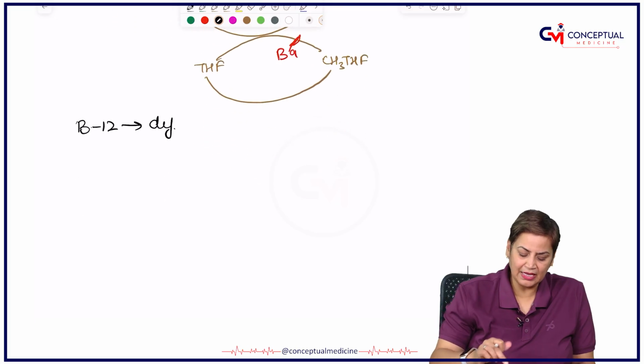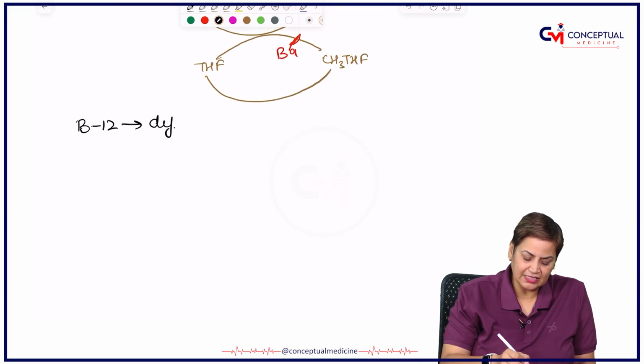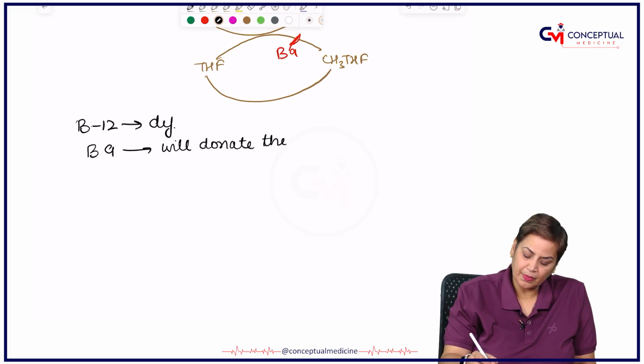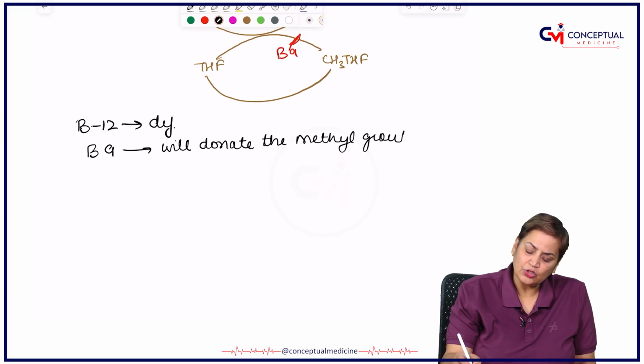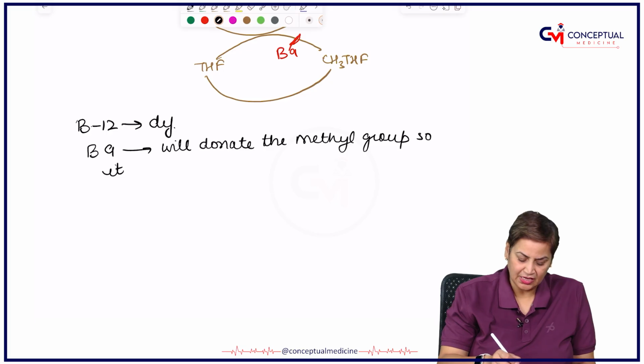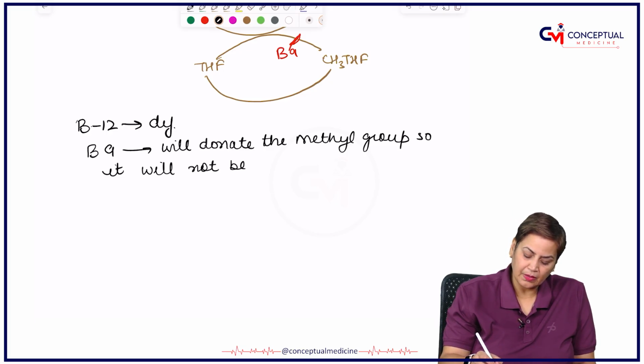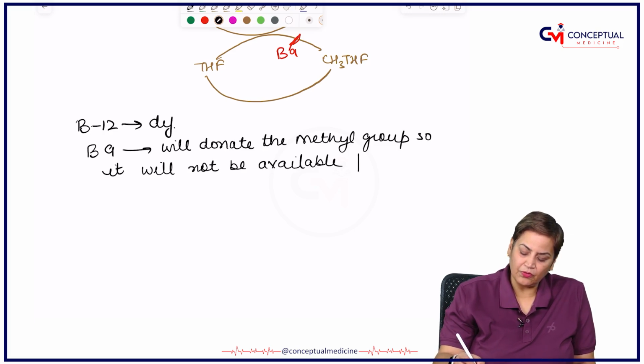So in B12 deficiency, B9 will donate the methyl group, so it will not be available for the other reactions.